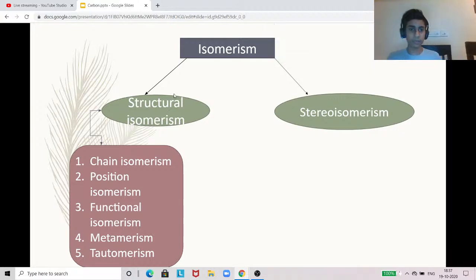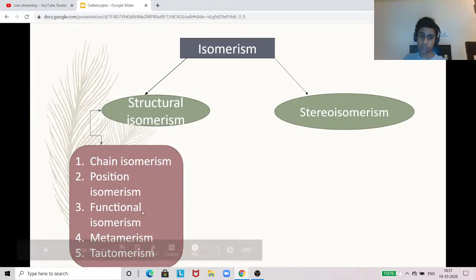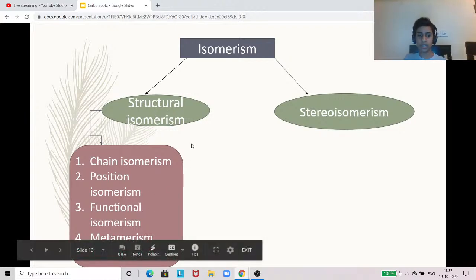Now, we can divide it into structural isomerism and stereoisomerism. We'll not look at stereoisomerism for now; we'll look at it in another session. Structural isomerism can be divided into chain isomerism, position isomerism, functional isomerism, metamerism, and tautomerism, which we will not look at right now.